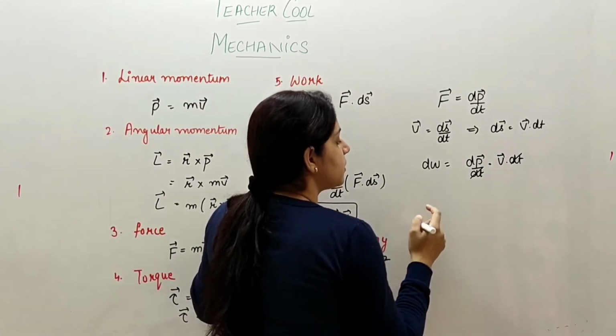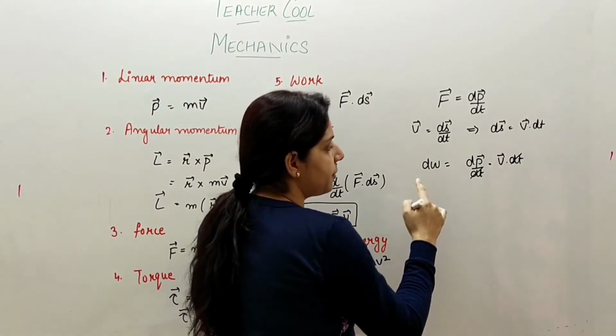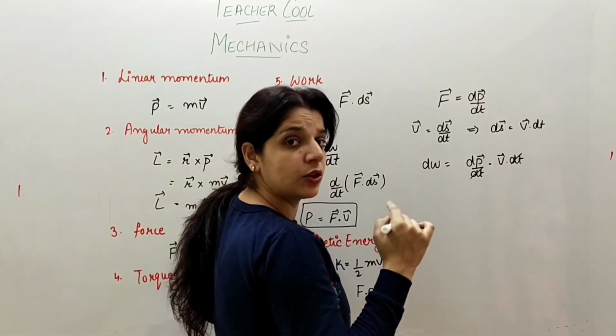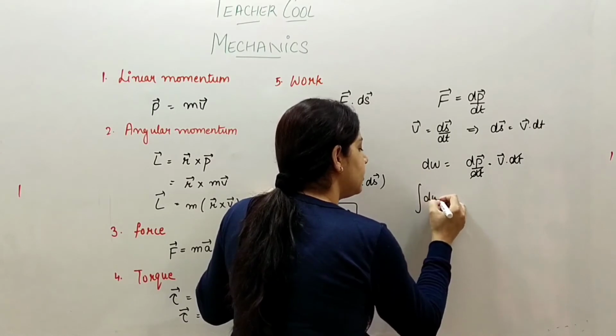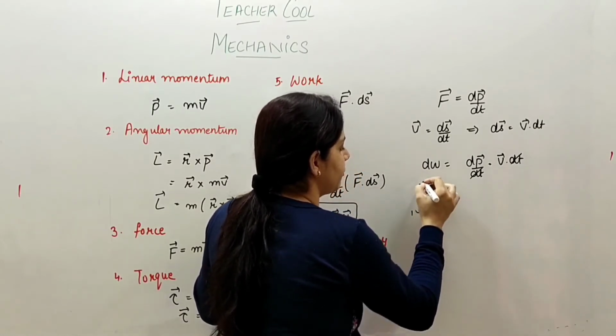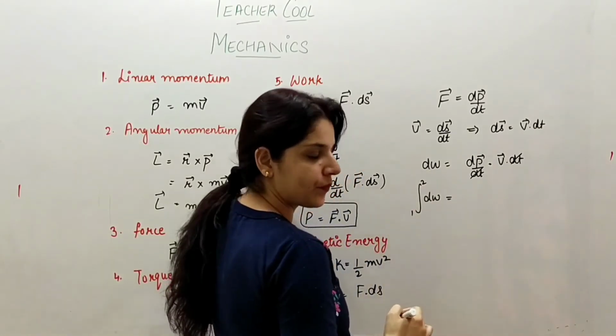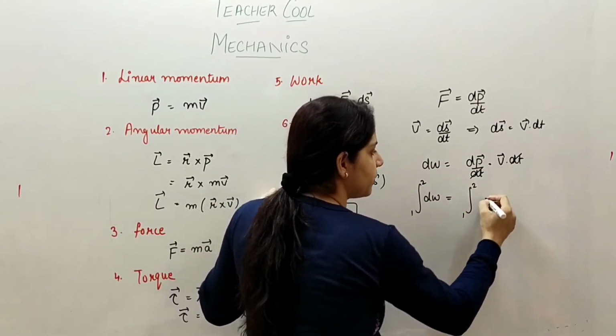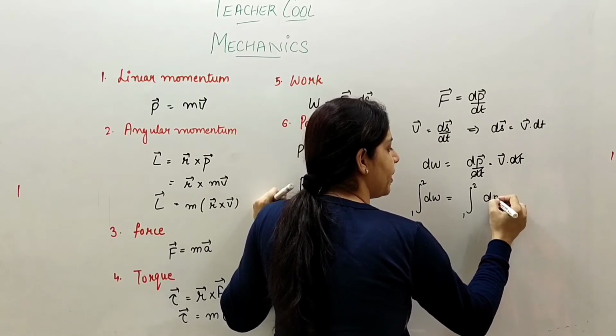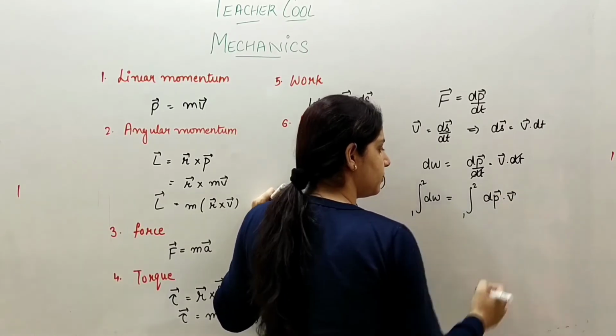We can just cancel it out, right? Now what I'll do is, in this step I'll integrate because I need the total amount of work done. So the total amount of work done from going from point 1 to 2 will be equal to integration 1 to 2 dp vector dot v vector.